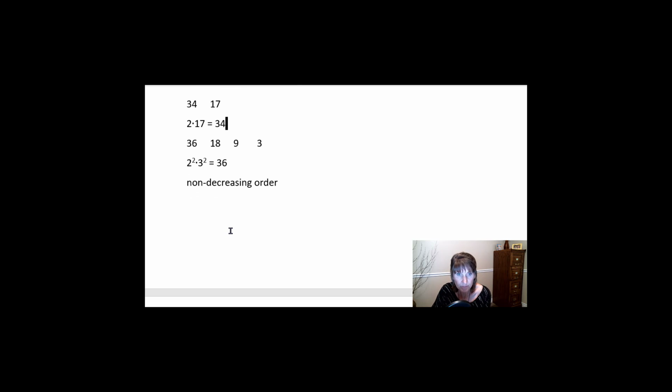Now 36 has 2 of them, and 34 only has 1 of them, but they both have this common factor of 2. And so we can use this information to find out, well, what's the greatest common divisor, right? If we have everything lined up in the same way, we have all the prime numbers, then we can actually compare the prime numbers to find out this greatest common divisor and the least common multiple.